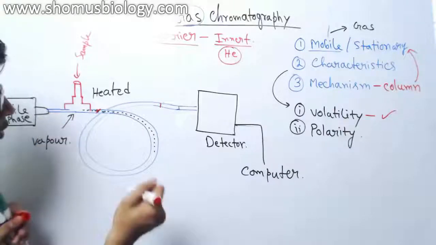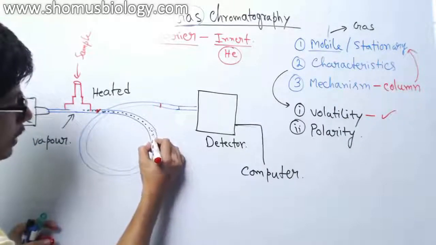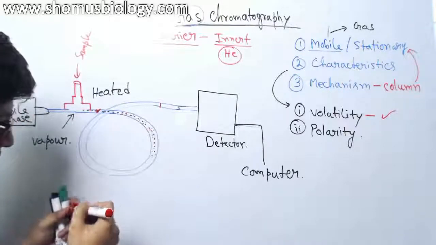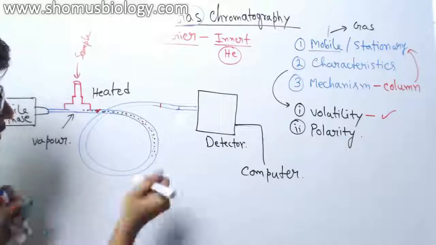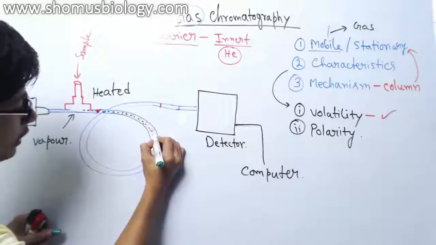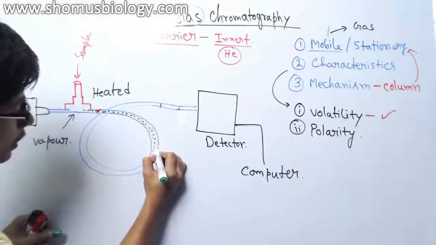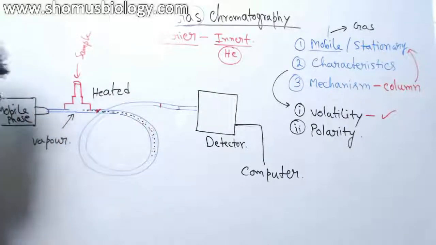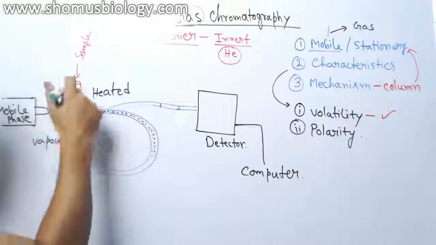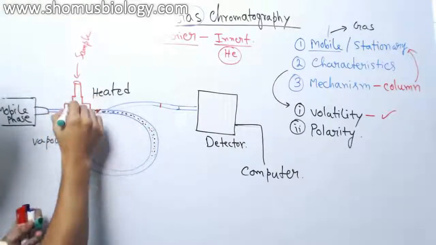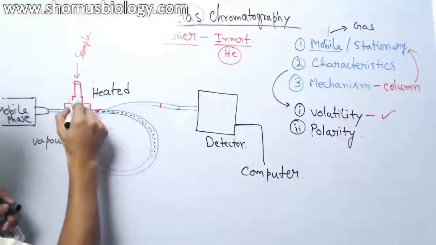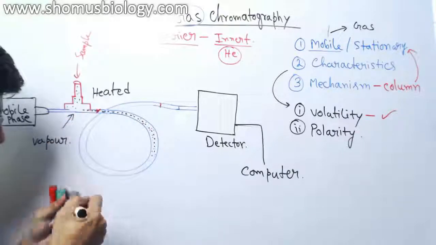Now let's say it is not only this same compound. Let's say we are talking about three different compounds, one red, one black, and one green. I don't know whether you can see the green because it's a very faint color, but I'll be drawing it a little bigger. So there's a mixture of three chemical compounds that we want to separate. We inject that sample here at the very beginning, where we put all those things, black, green and red.